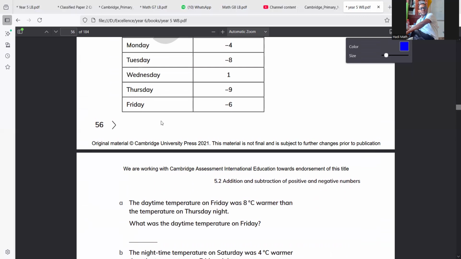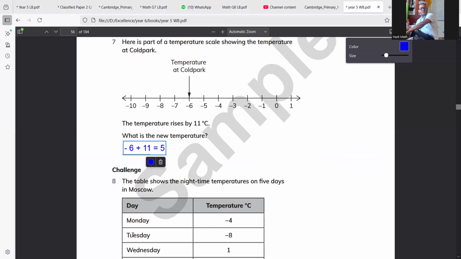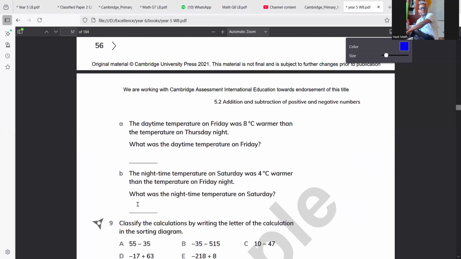All you need to see is Thursday night here, which is -9. So you say -9 plus 8. 9 is negative, 8 is positive. The difference between them is 1, and the sign of the greater one is negative, so it's -1.